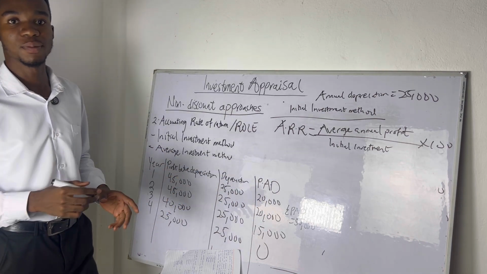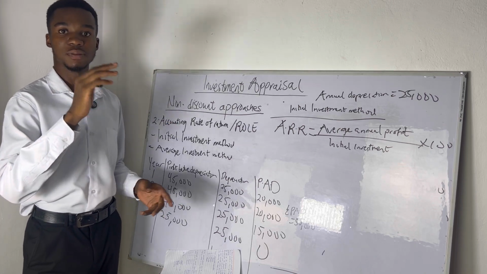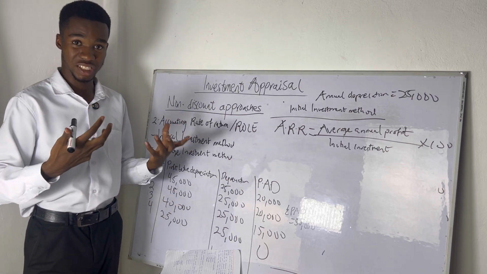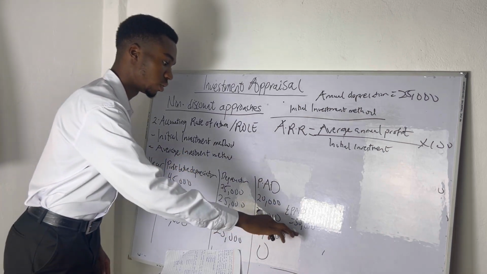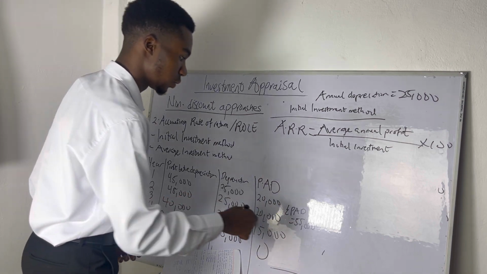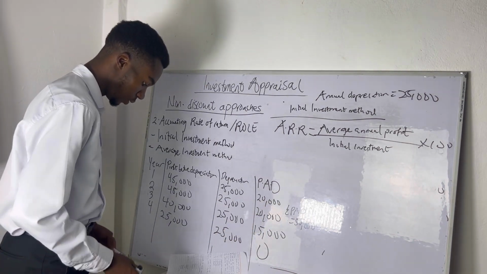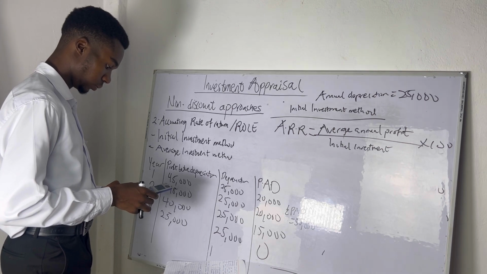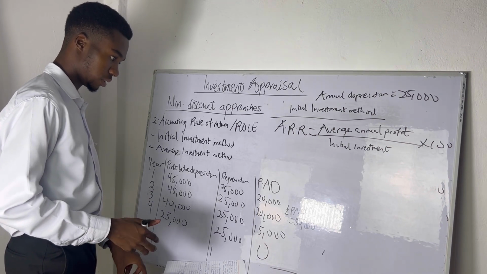It's like you have the ages of 4 people. Maybe this person is 13 years, 14 years, 15 years, 16. But you want to see the average age. You add all of them over the number of people there. So this comes to the total profit over the number of years. So the average annual profit will be 55,000 over 4. We're getting 13,750.